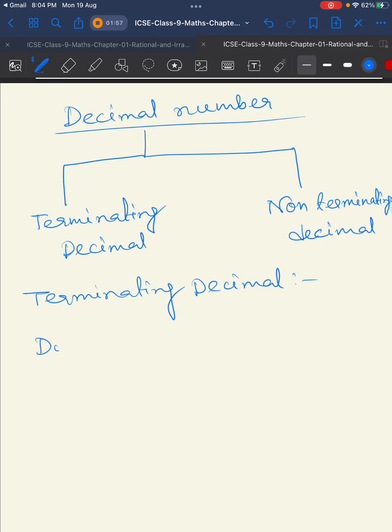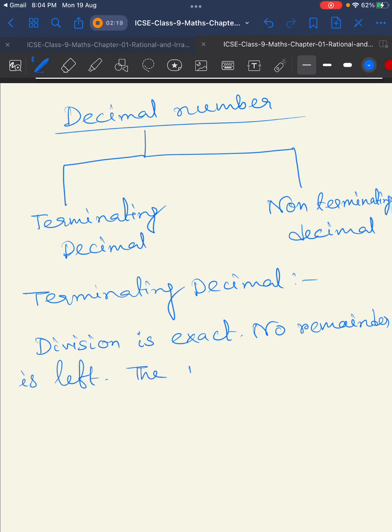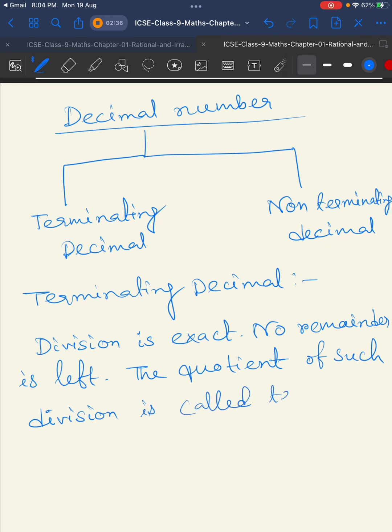So if division is exact and no remainder is left, the quotient of such division is called terminating decimal. Okay.